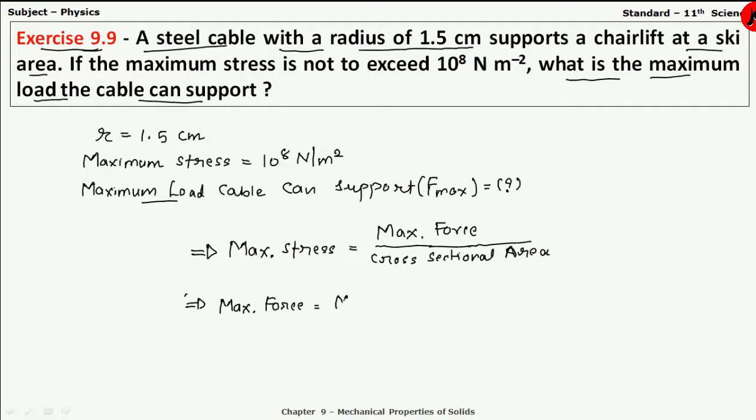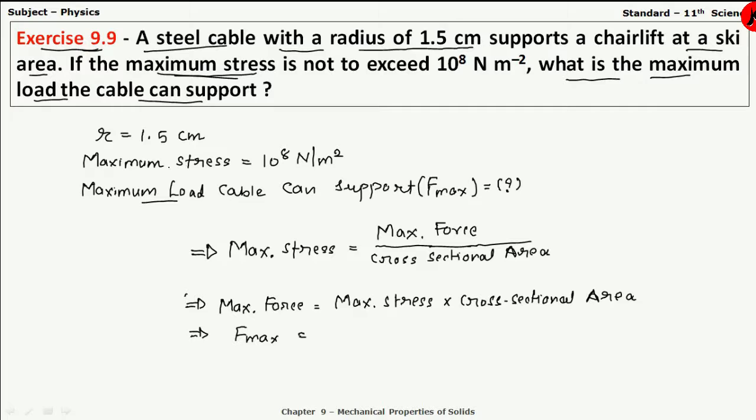Maximum stress into cross sectional area. Right, and maximum force is nothing but F max. Right, and maximum stress is given.